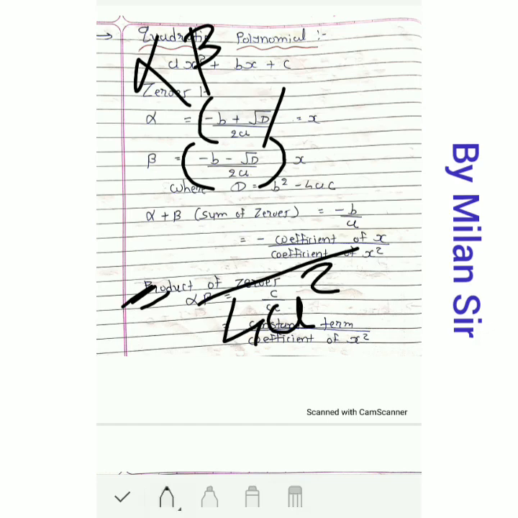Now in the numerator, first term plus second term, first term minus second term, because minus b is our first term and under root d is our second term, and in one bracket the plus sign is there, and in the second bracket the minus sign is there.